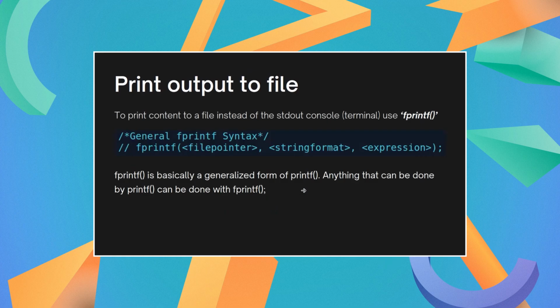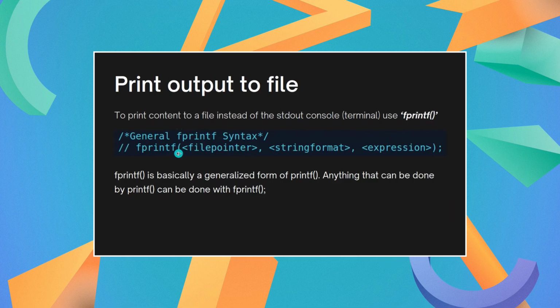Now, let's say you want to print an output to your file because we want to use it all over again, or we want to store data for reusability and possibly future use. In order to do that, we can print our content or our data to a file instead of our console with stdout, but I'll get more into stdout later, using fprintf.